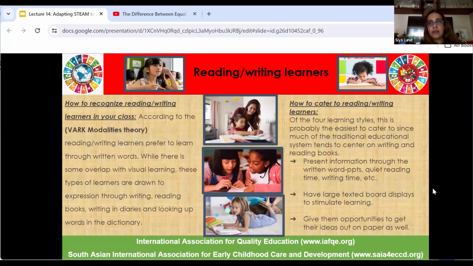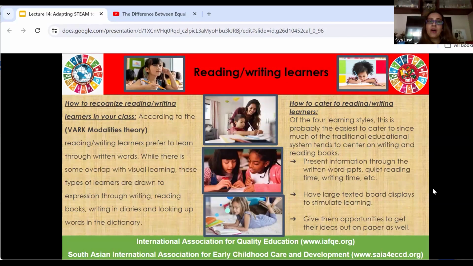The fourth one, according to the VARK modalities theory, which was established in 1992, they researched and brought one more kind of learner into the original VARK modality.